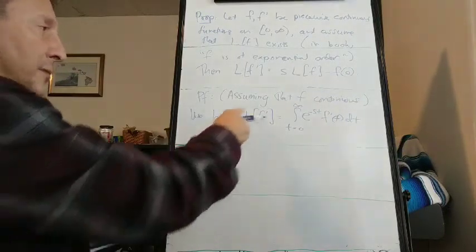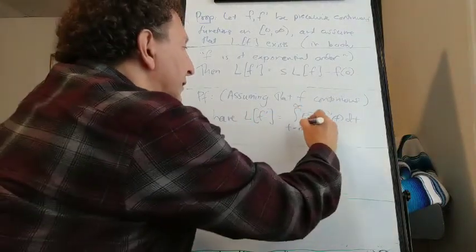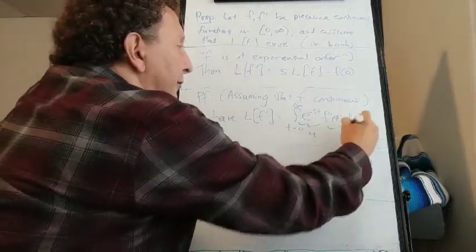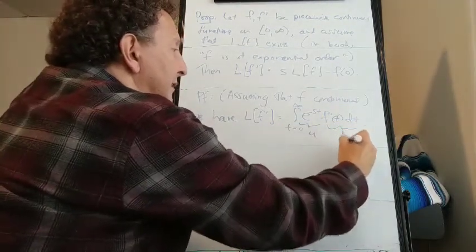Now let's use integration by parts on this integral here. So let's let u be e to the negative st, and dv be f prime of t dt.